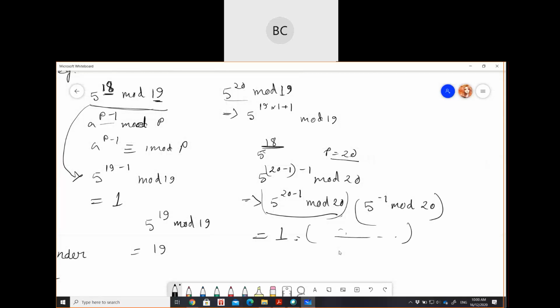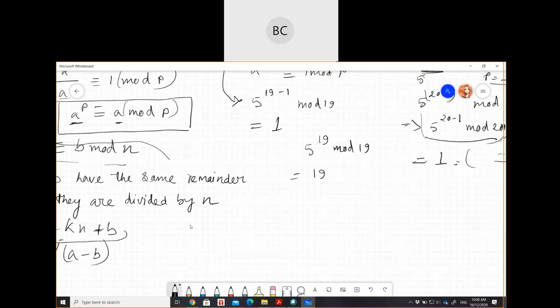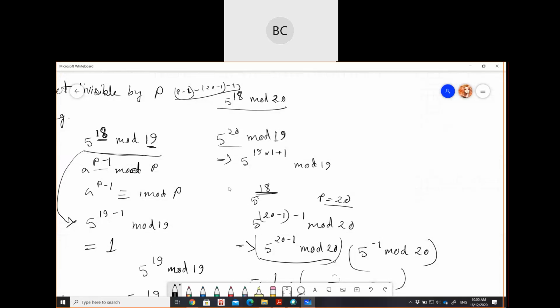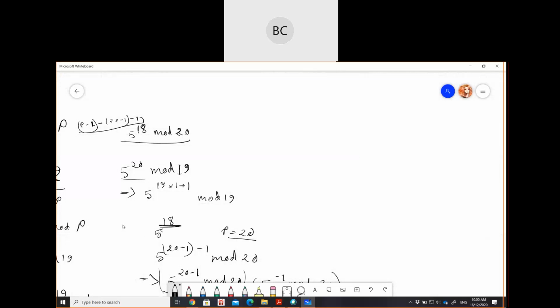Then if you want to do that, for the example I gave, for this portion, suppose what you can do is write 5^19, then 5 power 1, then write mod 19, correct?